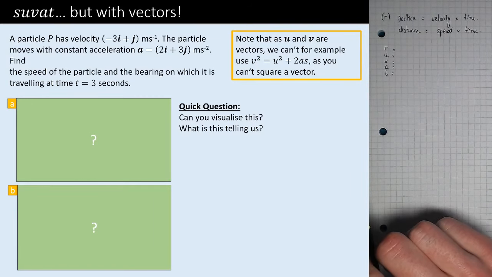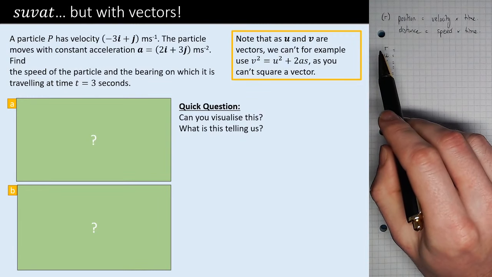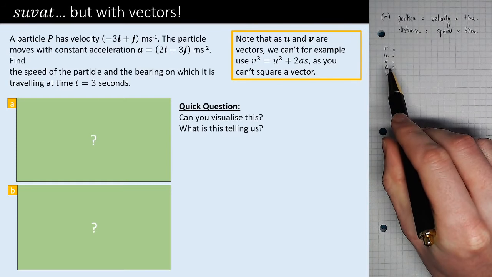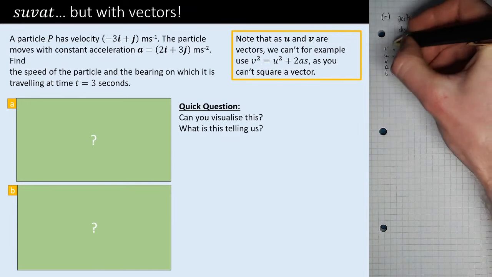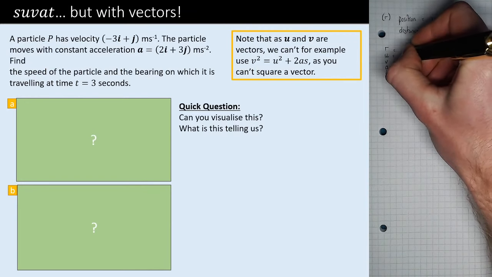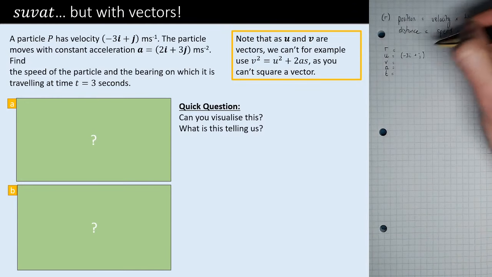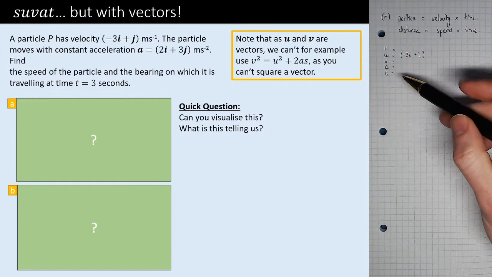Now, we do not have position vectors. We do have a velocity. We have a starting velocity, which is negative 3i plus j. We have not got a final velocity.